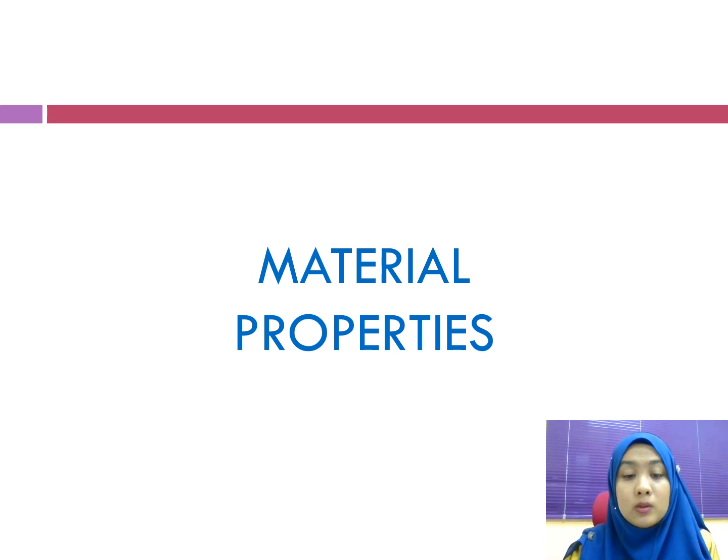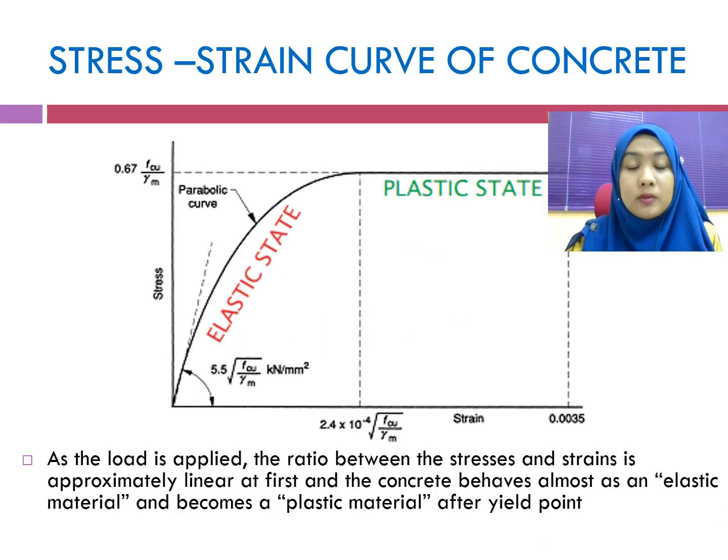Okay, so let's look into the material properties. This is an example of a stress strain curve of a concrete. At first, when you apply load, the concrete will react as elastic. The stress and strain is in a linear state until it reaches the yield point.